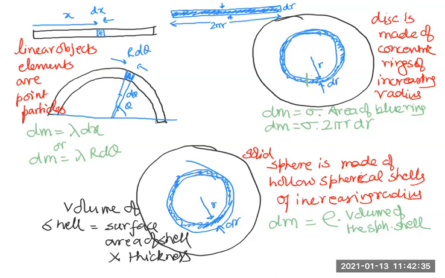So here, look at your notes, Vishwajeet. dm would be equal to rho into the surface area of the shell into the thickness. Tell me the answer quickly, look at your notes.